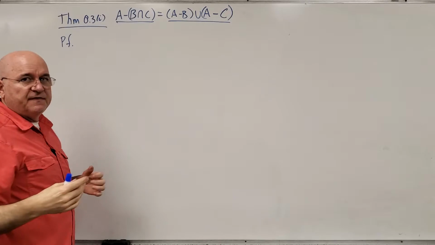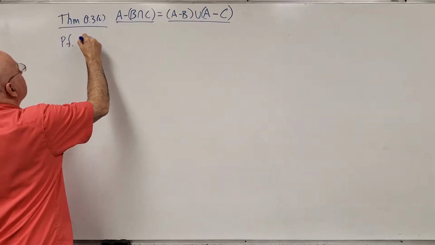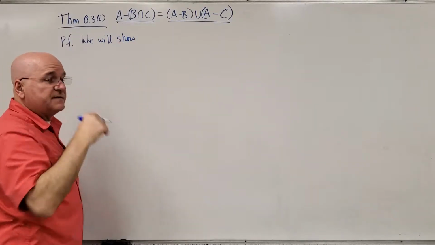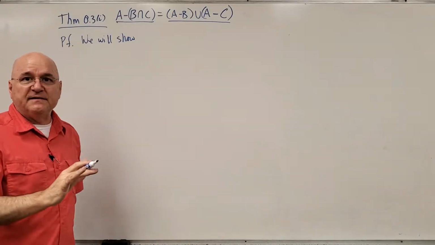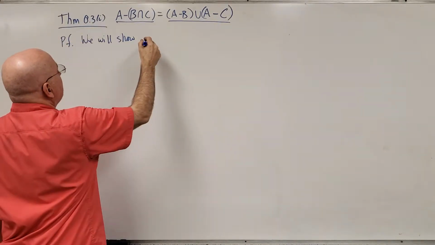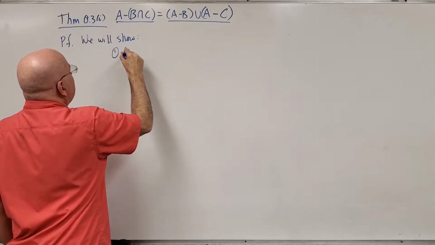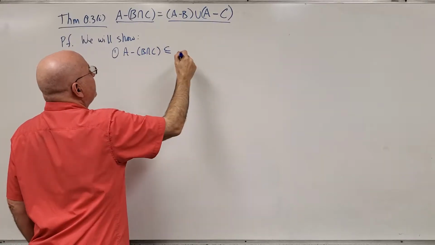So remember, we have a set on the left equals a set on the right. In order to show that they're equal, one way to do it is as follows. We will show, or you could write it's sufficient to show, or it suffices to show, number one, that A minus B intersection C is a subset of the right-hand side.